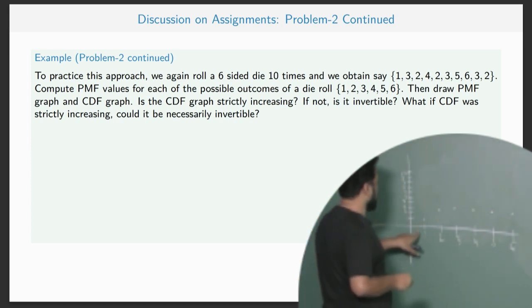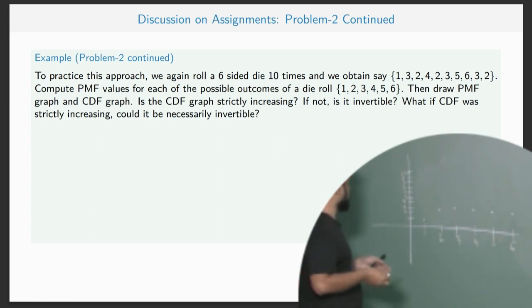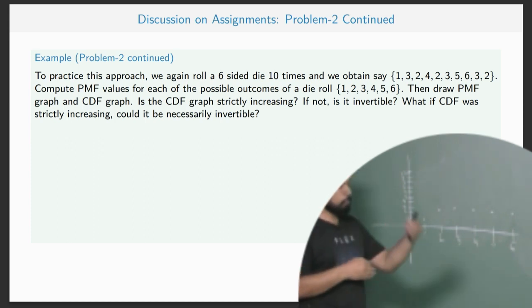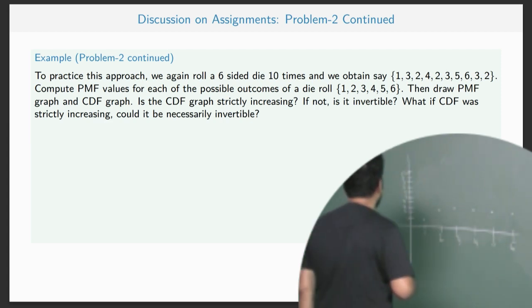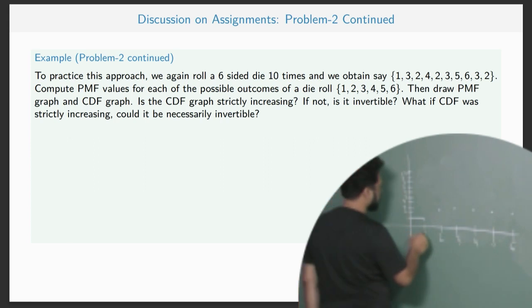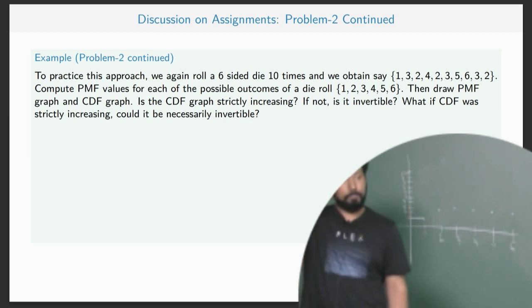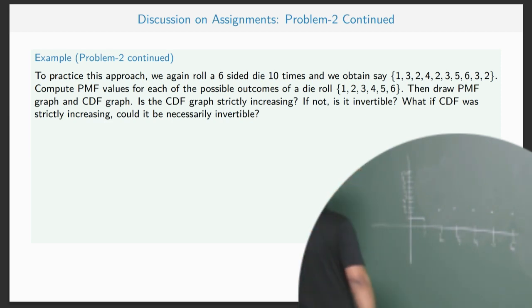Now if we have to plot the CDF in the same place, we can do that. The CDF is cumulative up to 1. What is the graph like? Then it is cumulative up to 2. So what is the graph for cumulative up to 2?